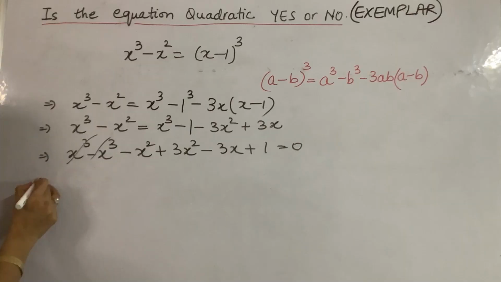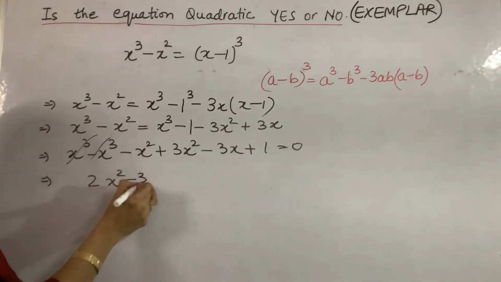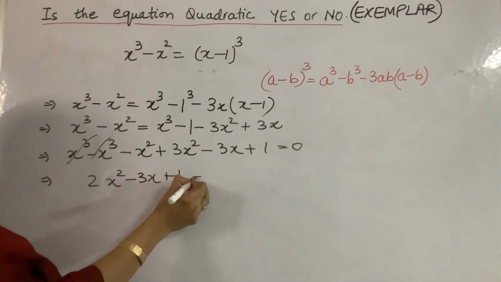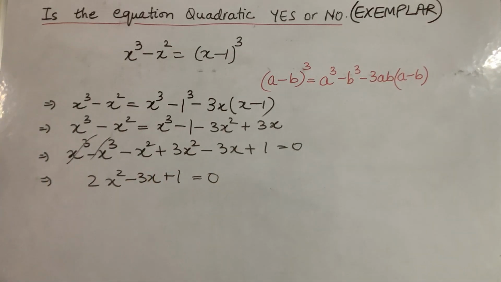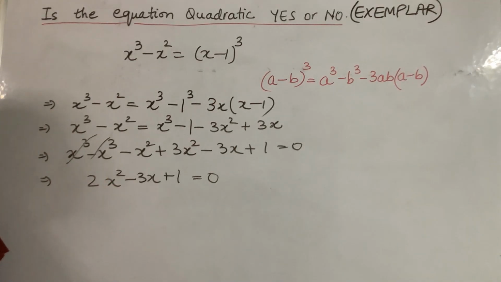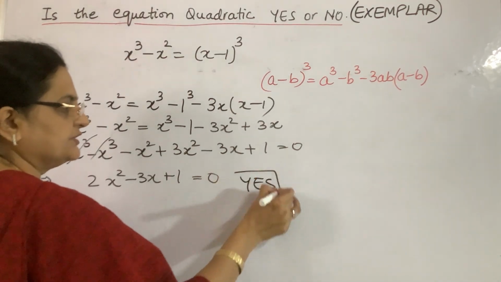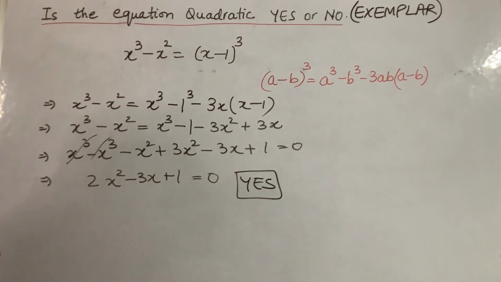This cancels out. So you are left with 2x square minus 3x plus 1 is equal to 0. Yes, this is of the form ax square plus bx plus c is equal to 0. So you will say yes, this equation is a quadratic equation.